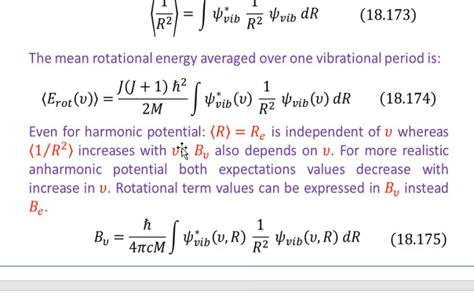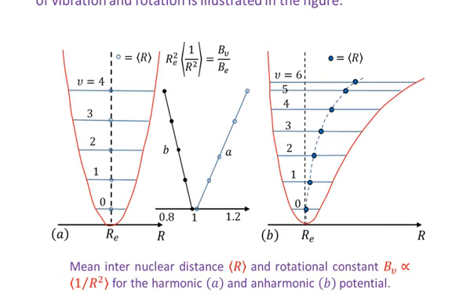Even for harmonic potential, the average value of R, which is equal to Re, the equilibrium separation, is independent of the vibrational quantum number or the vibrational state. For example, you can see from this diagram on the left hand side, that is for the harmonic oscillator, the average value of R is the same as Re.